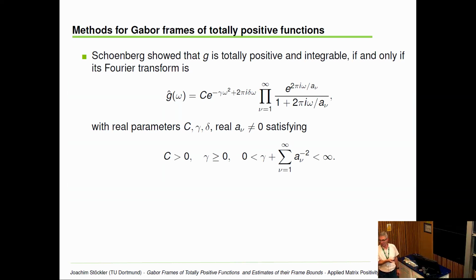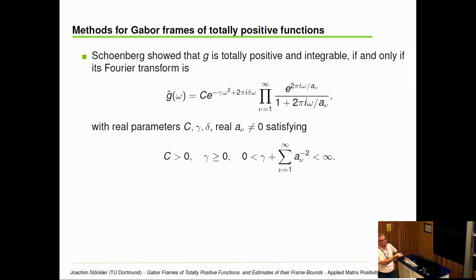Surprisingly simple, but still too difficult for us to cover all of them as we wish. I think Charlie mentioned there can be a positive constant, of course. C should be greater than 0, otherwise it won't be positive anymore. But then you have a parameter gamma for the Gaussian, gamma non-negative.